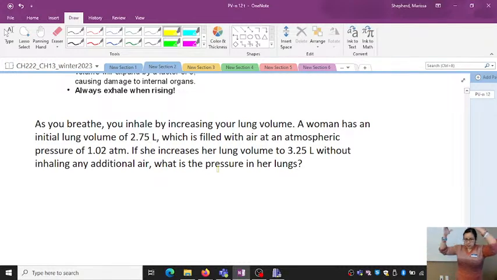So you're basically asking, what's the pressure right before that air rushes in? You're imagining the diaphragm's expanded, ready to inhale. What's going to be the pressure in her lungs?